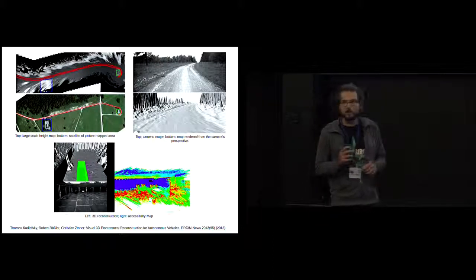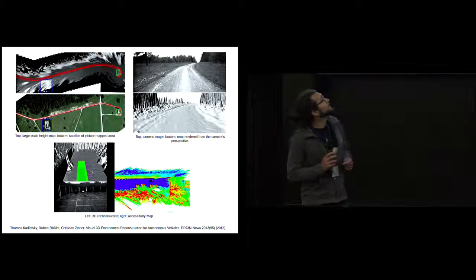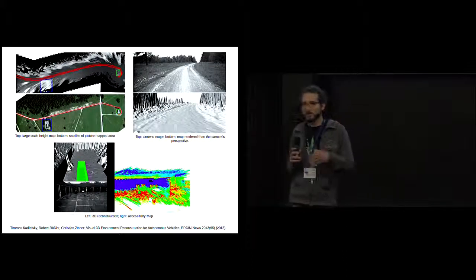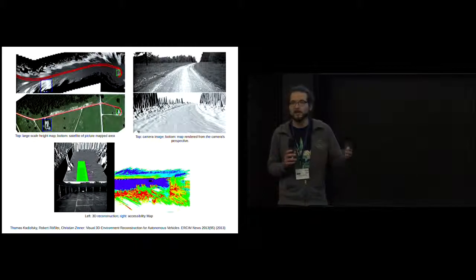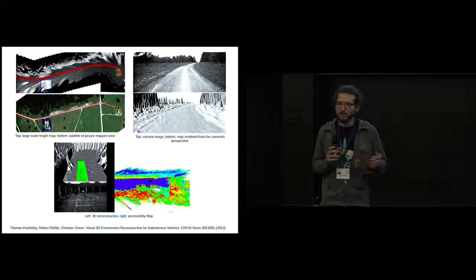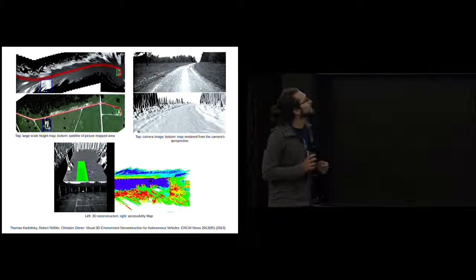The map consists of an accessibility map, a height map, and an occupancy map. The maps are stored in a GIS fashion, in tiles, and can be loaded from a GIS system, overlaid with satellite maps, and viewed with Google Maps or something like that.